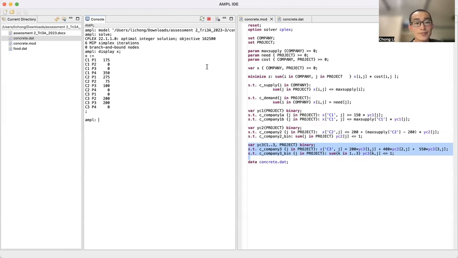Now for the result, we can see the quantity of concrete that each company supplies to a project.